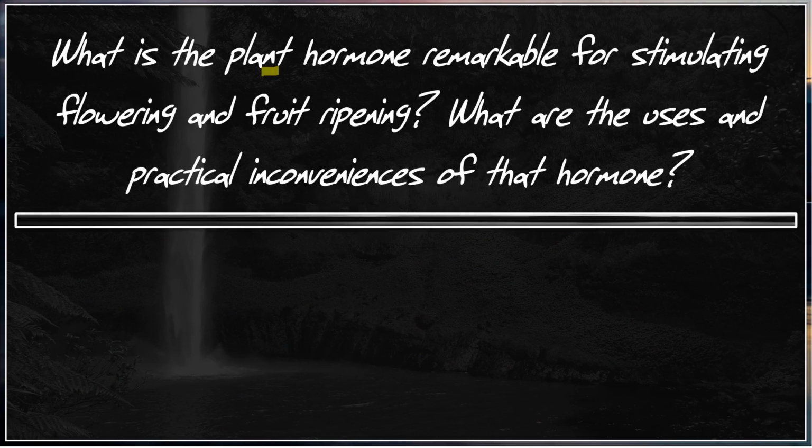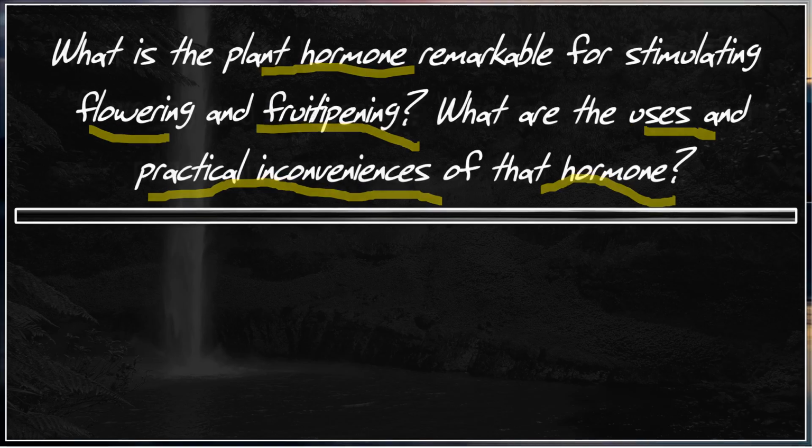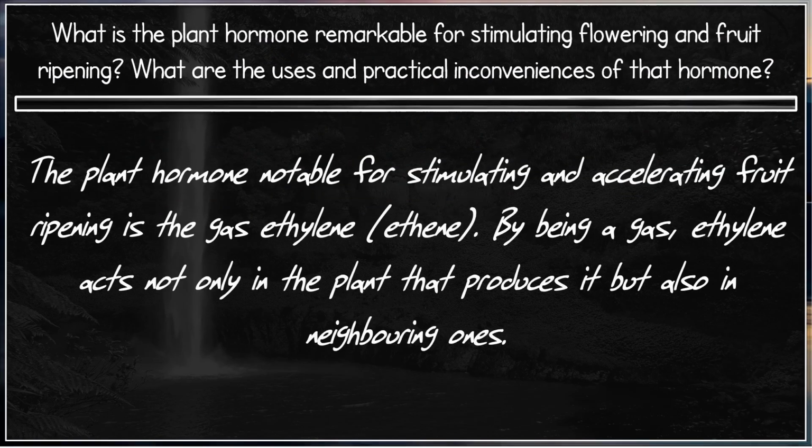What plant hormone is remarkable for stimulating flowering and fruit ripening? What are the uses and practical inconveniences of that hormone? The plant hormone, notable for stimulating and accelerating fruit ripening, is a gas, ethylene.